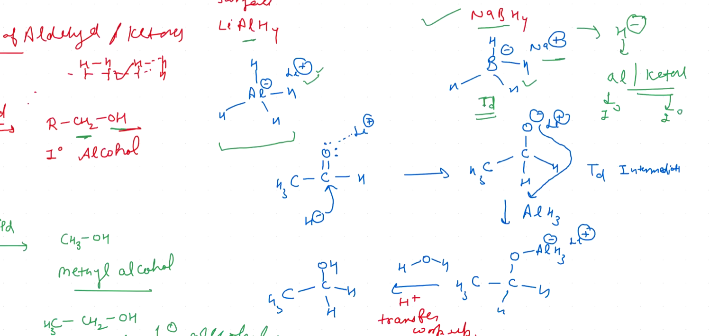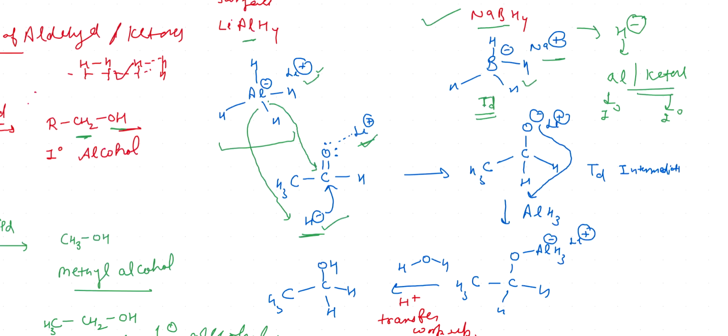This H negative is coming from this aluminium hydride here. H negative will attack this carbonyl center because this carbonyl center is electrophilic in nature, and H negative here is acting as a nucleophile. On the other hand, this oxygen will be coordinated to lithium positive, as lithium has the positive charge I have already told you.